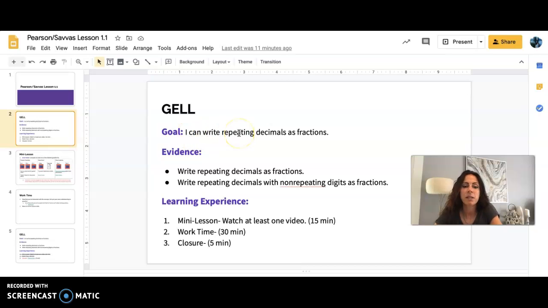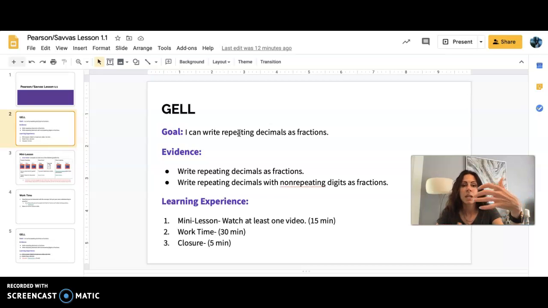I can write repeating decimals as fractions. Well, it's really good fluency for decimals and fractions. The most important thing about this lesson is that it takes 5 steps to accomplish it. Being able to do multi-step processes in math is very important because a lot of math, as it goes on in the grade levels, 7, 8, 9, 10, becomes 12 step problems.